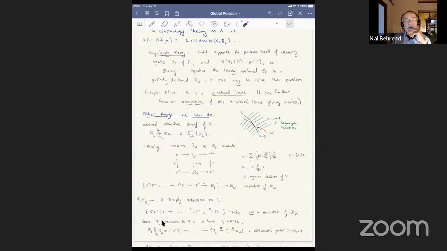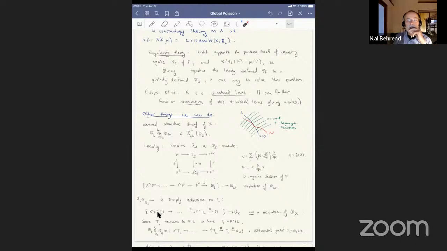But another point here is that TL, the tangent to L, is transverse to the foliation F. So TL maps isomorphically to F dual.